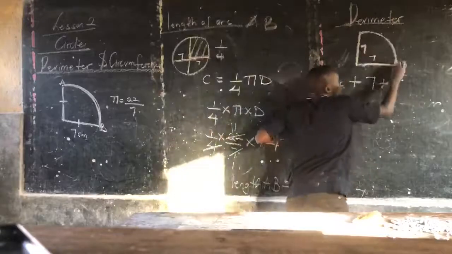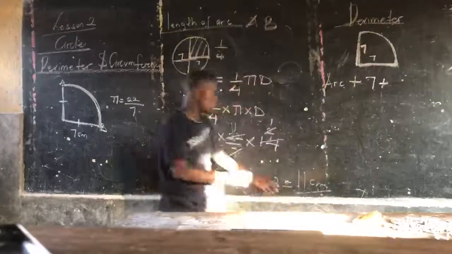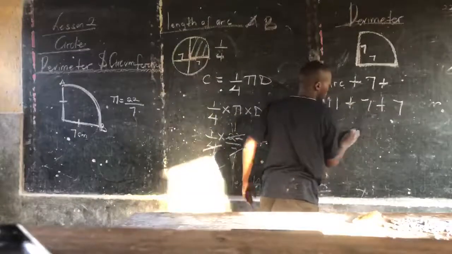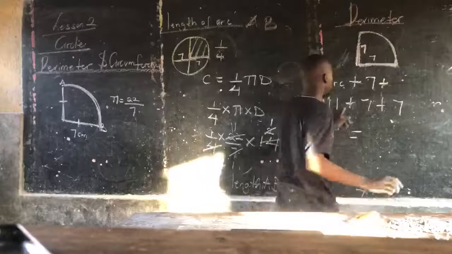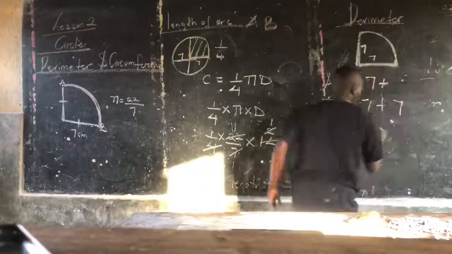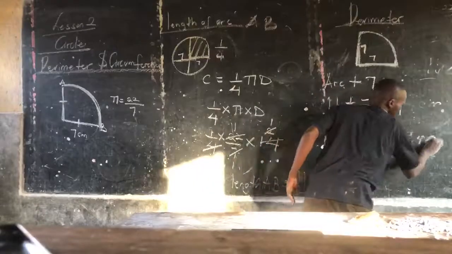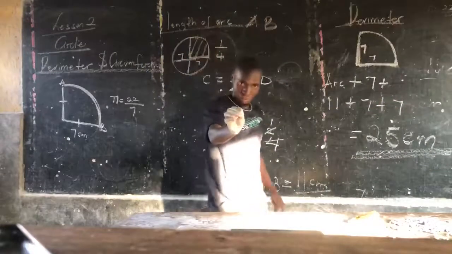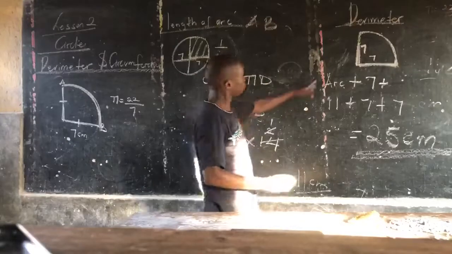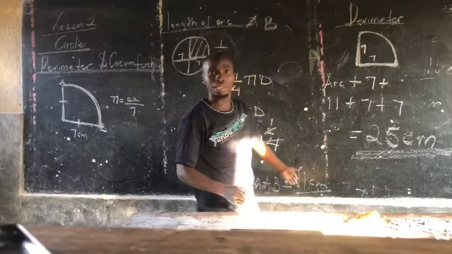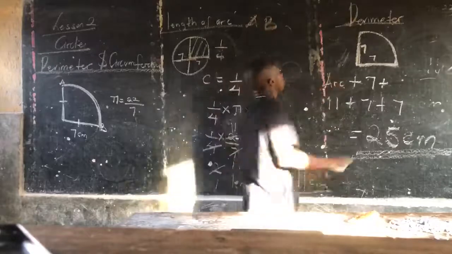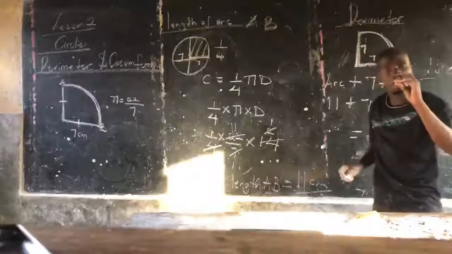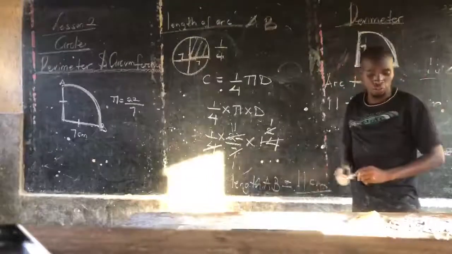There is the arc plus 7 plus 7. The arc is 11, so 11 plus 7 plus 7. 7 plus 7 is 14, plus 11 is 25. You have 25 centimeters. So the length of this arc is 11 centimeters, and the perimeter is the total distance around the figure.